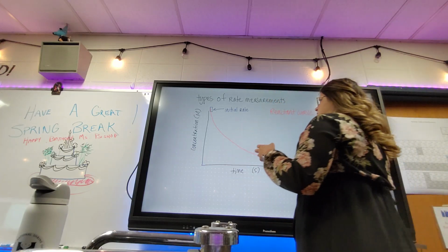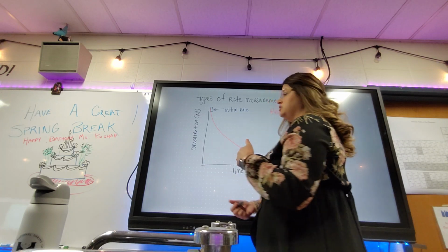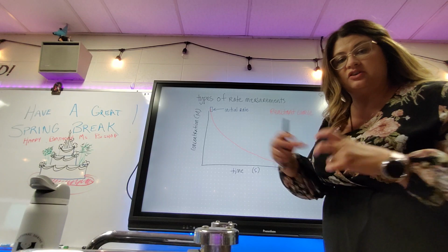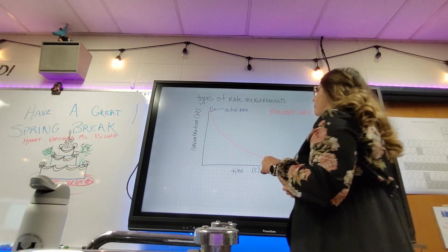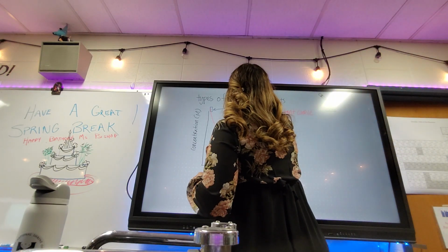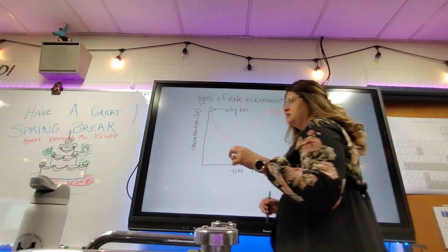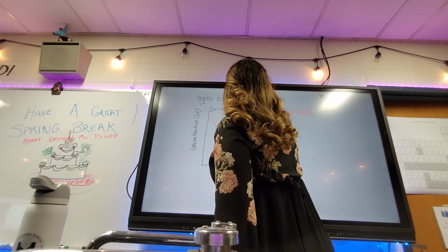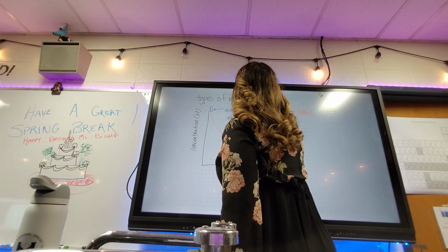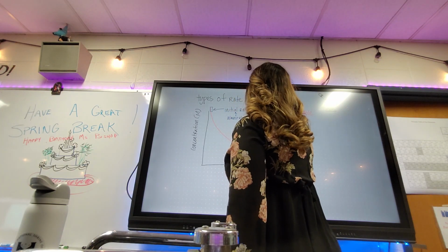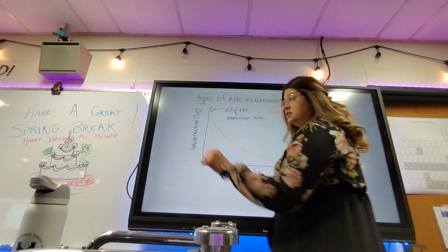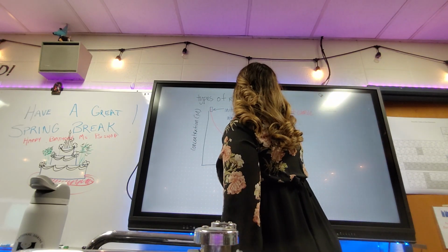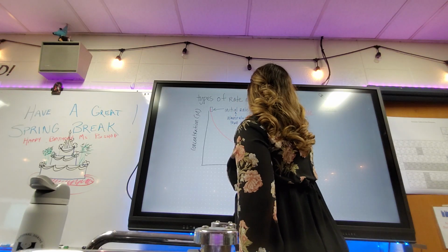The initial rate is going to tell you how much the reactants are going to react right when they start interacting with each other. The initial rate is almost always, like 99.999% of the time, faster at the initial starting of your reaction than any other measurement.